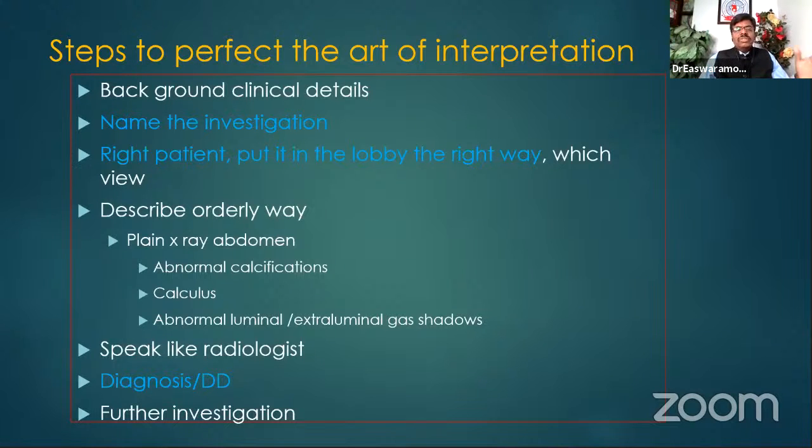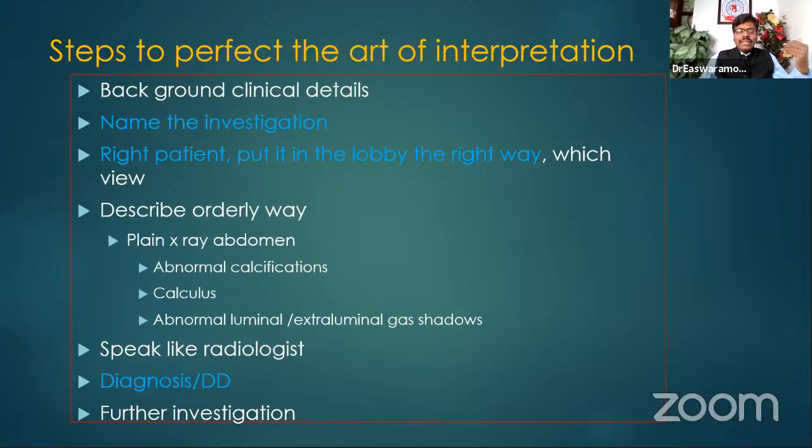The next, of course, is if you know the diagnosis, well, the other things are for postgraduates. They have to describe in an orderly way. Like, for example, a chest X-ray, I am sure physicians would have seen it orderly. You go for the bony landmarks, then the lung fields, upper zone, mid zone, lower zone, and describe.